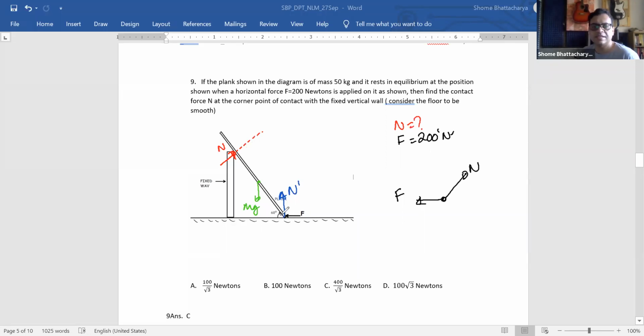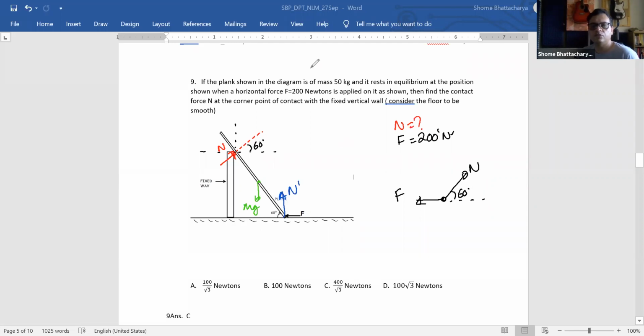So you can see that this angle is 60, so this angle is 30. Or this angle is 60, whatever. Here this angle will be 60 degrees.